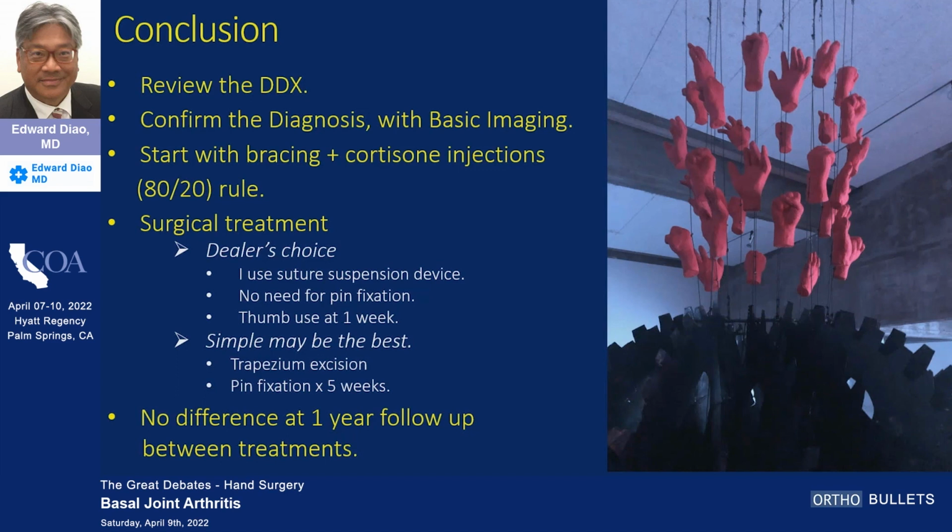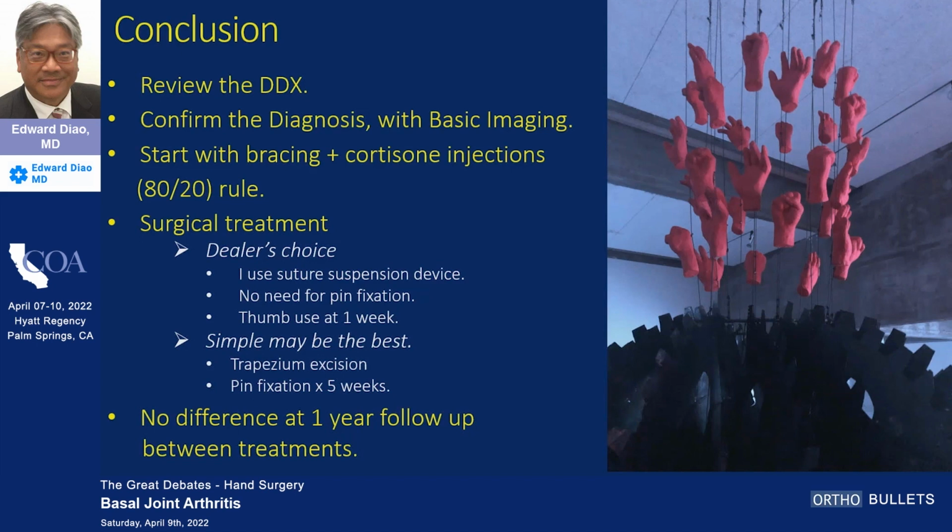Or you may have to do multiple things, like pinning the metacarpal phalangeal joint for bad hyperextension, or doing a volar plate arthroplasty, or doing the de Quervain's release or the trigger release at the same time if they're all simultaneously troubling the patient.